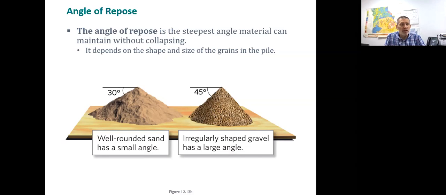There are some areas just east of us, right near the town of Chester, Illinois, where you can actually see some examples of silt deposits that are really close to 90 degrees and stable at that point.